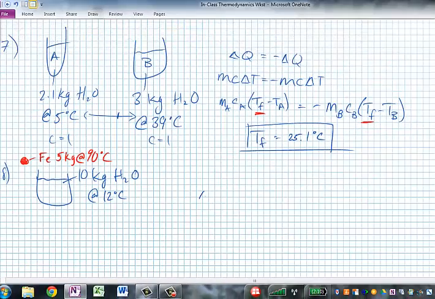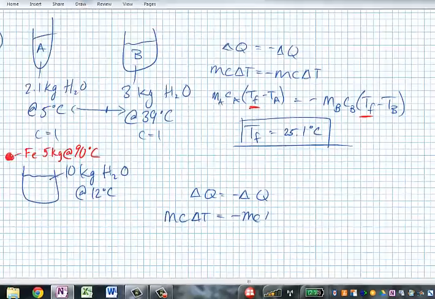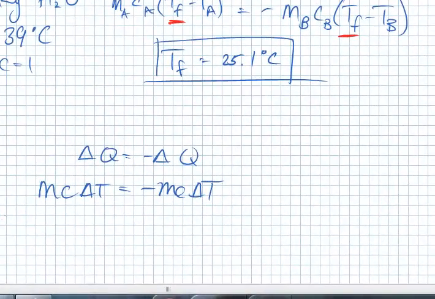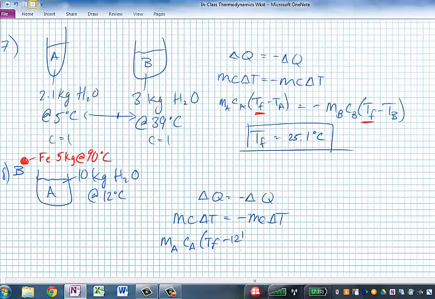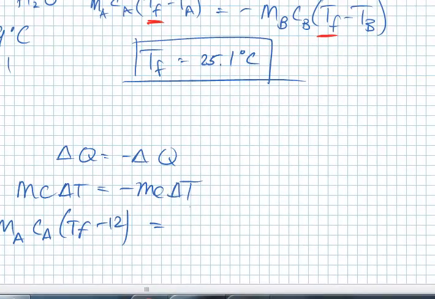We just end up plugging in different numbers. So if delta Q equals minus delta Q, mc delta T equals minus mc delta T. So I'll call this A and this B this time, the water and the iron. Mass of A, the water, specific heat of A, the water, TF minus 12 equals mass of B, the iron, specific heat of B, times TF minus 90 this time.